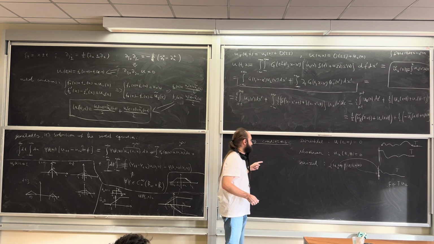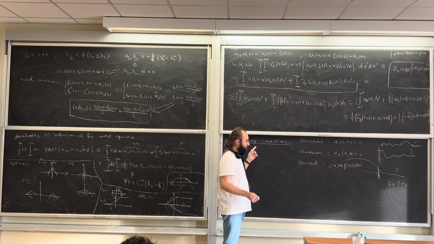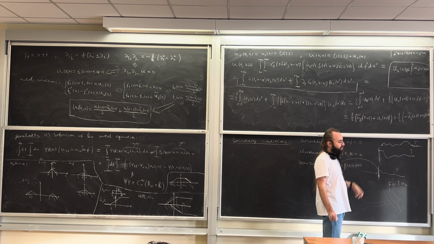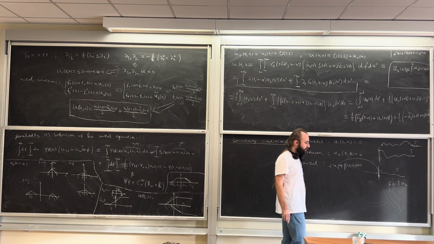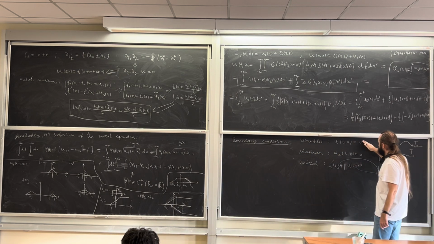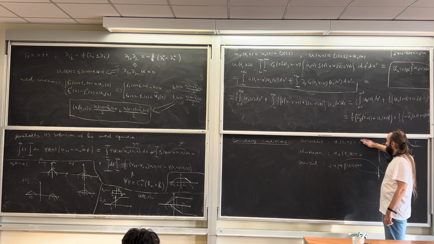But now, how to solve this equation with these boundary conditions? Those are homogeneous boundary conditions, and we can also add inhomogeneous conditions. So maybe let me write it from the very beginning.